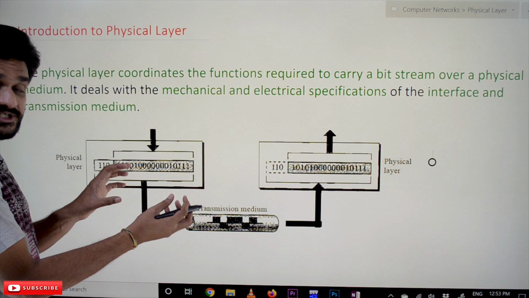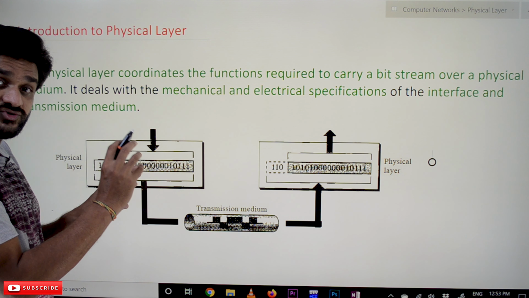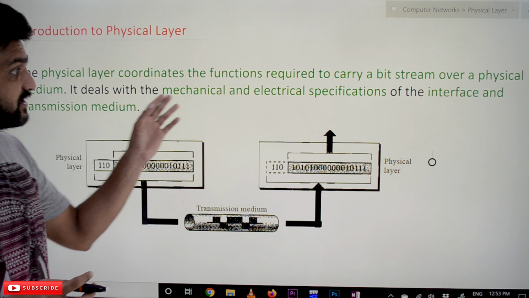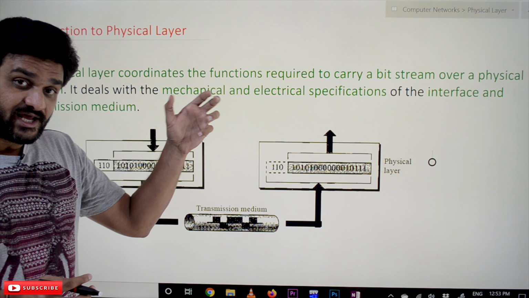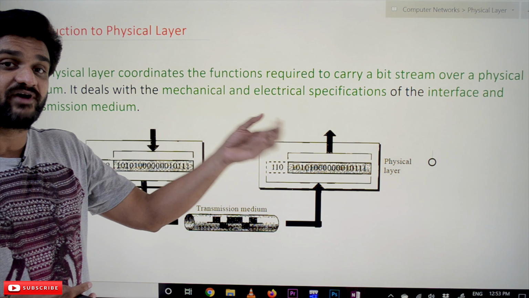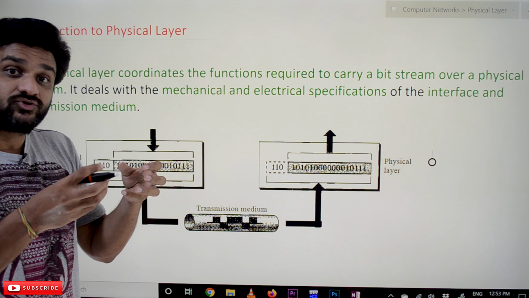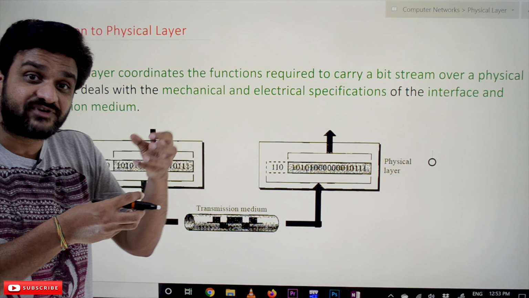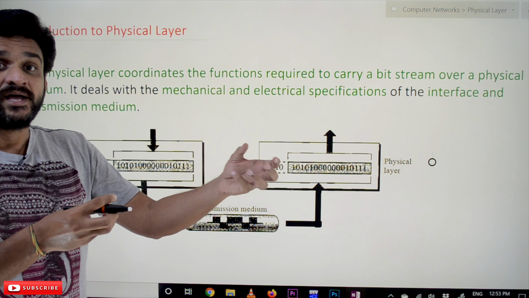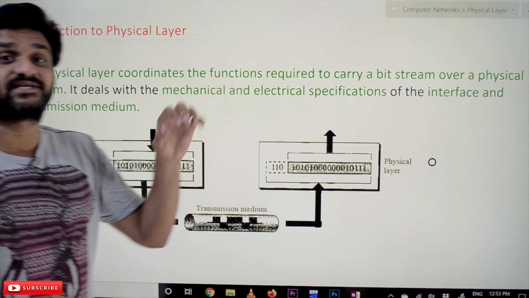For the transmission, we need some interfaces, right? What kind of electrical specifications and voltages are required, what kind of devices are required, and what kind of mechanical devices are required. The specifications of those electrical and mechanical device interfaces and the transmission medium required are decided by the physical layer.